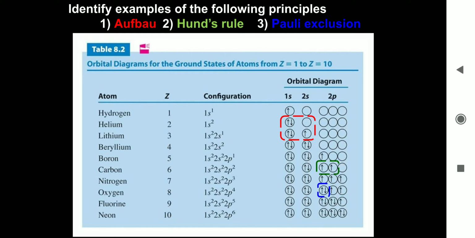Here the sixth electron is entered into the second p orbital, but it didn't pair up with the first electron of the first p orbital. Here, the example for Pauli's exclusion principle is highlighted in blue color. Here, the example is oxygen.